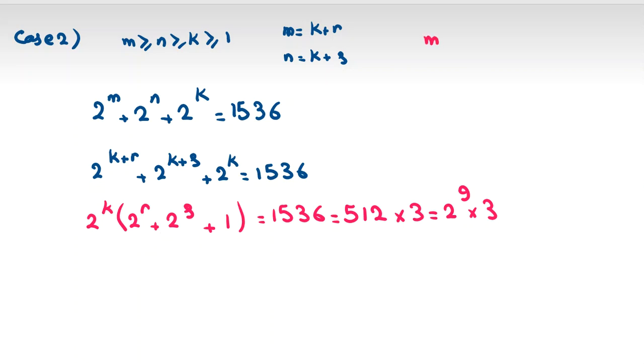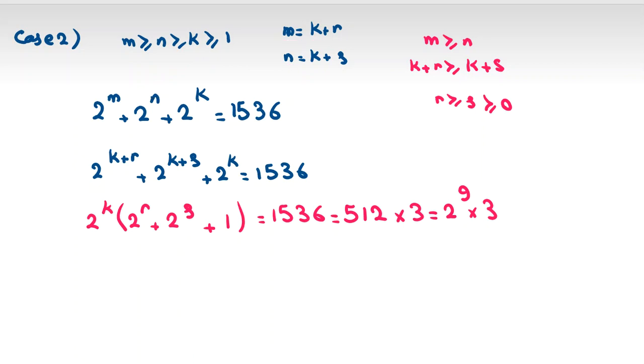Because m is greater than or equal to n, m is k plus r and n is k plus s. So k plus r is greater than or equal to k plus s. So r is greater than or equal to s. We know r is greater than or equal to 0 because m is greater than or equal to k, and also n is greater than or equal to k. So we can say r and s are at least 0.